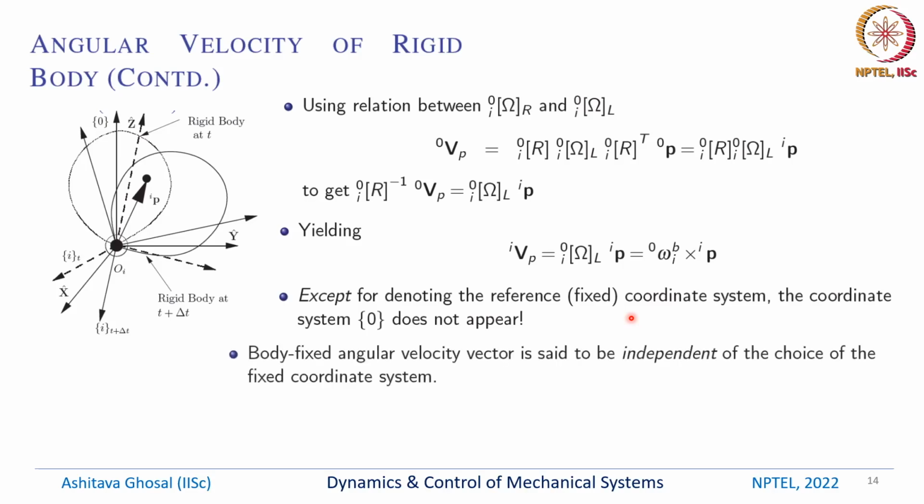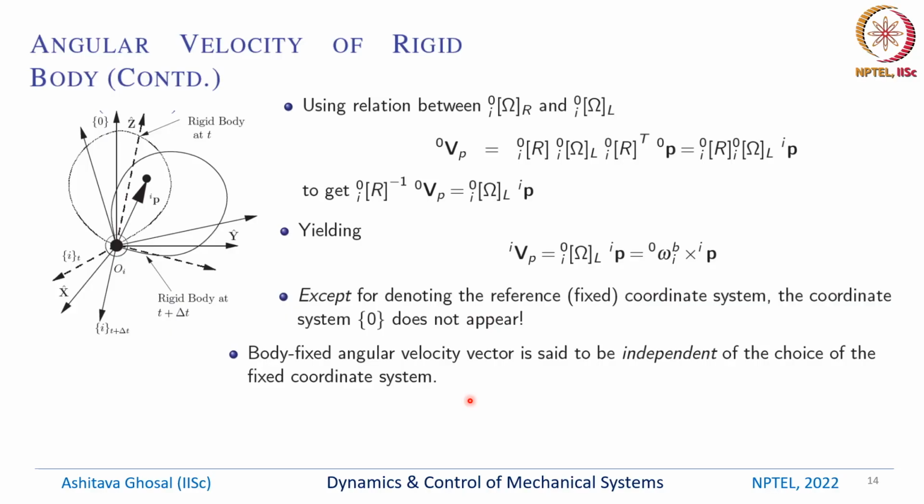Okay, so the body fixed angular velocity vector is said to be independent of the choice of the fixed coordinate system. This is the reason why it is called body fixed, because it doesn't matter what is the choice of the reference coordinate system or the zero coordinate system.